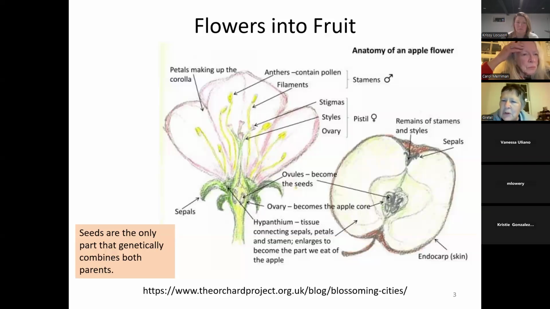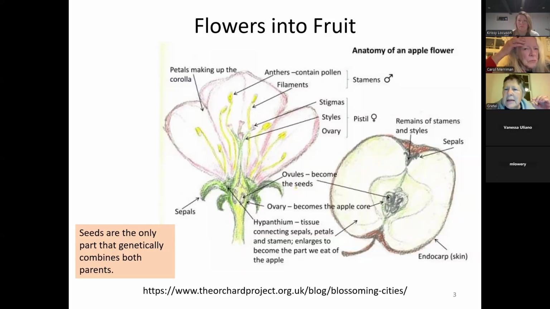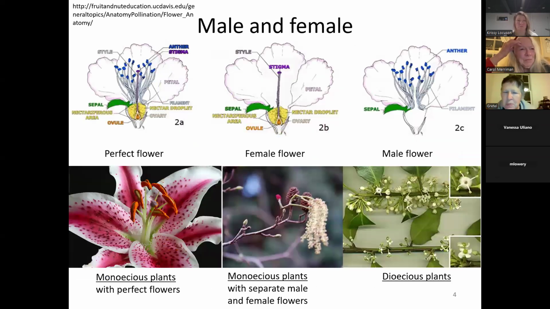So the only part that is a genetic mix are the seeds. That can be confusing because when we eat the fruit, it's a very predictable taste. It's going to taste like whatever plant we picked the fruit off of. But the seed itself might be a mix of that plant and something surprisingly different. Same species, but very different.